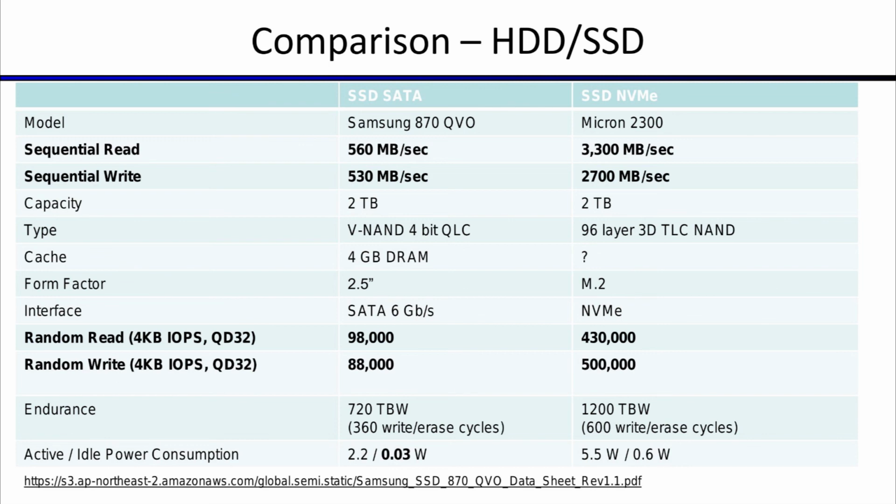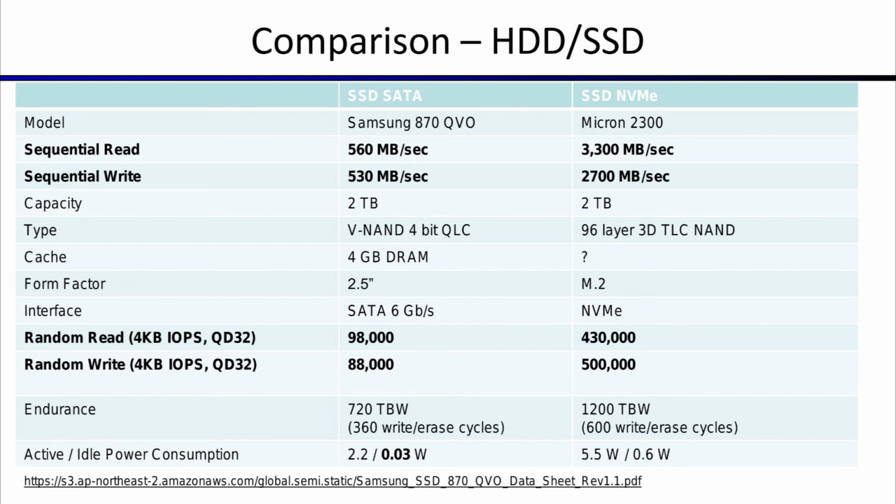So you divide this by 2, you get 600 write erase cycles, and that's better than the QLC one, possibly because it's a triple level cell, so it has almost double the endurance compared to the Samsung one. And it again has a low idle power requirement as well.